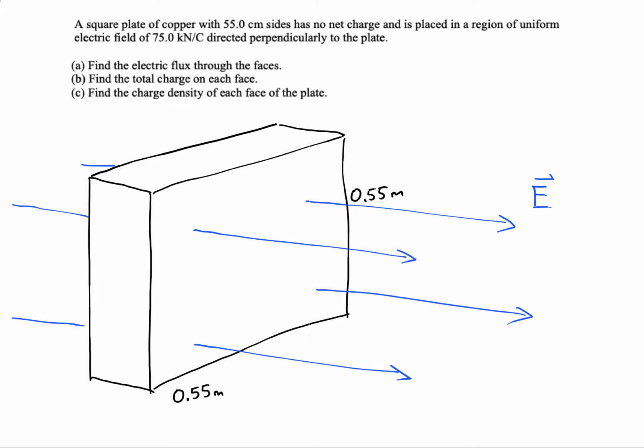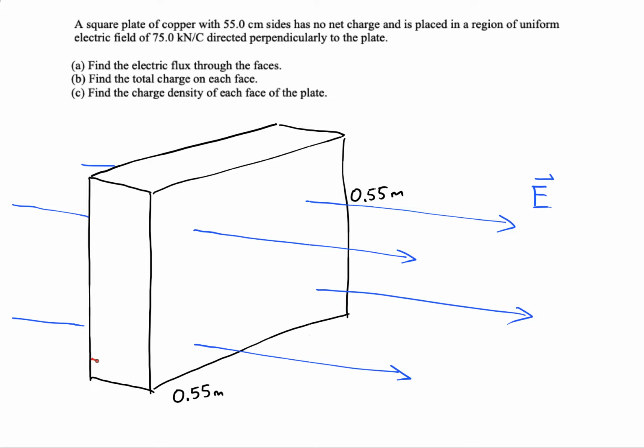Now, what will happen to a conductor when it's in the presence of an electric field like this? We know that many electrons in a conductor are free to move. So if they're in the presence of a field, they're going to feel forces that cause them to move toward a certain side of the object. Positive charges would move in the direction of the field, but negative charges move in the opposite direction.